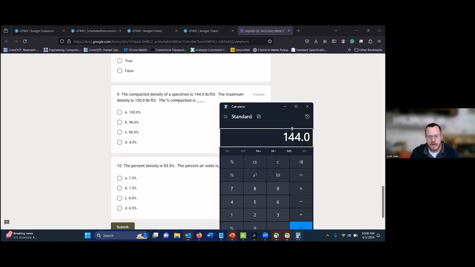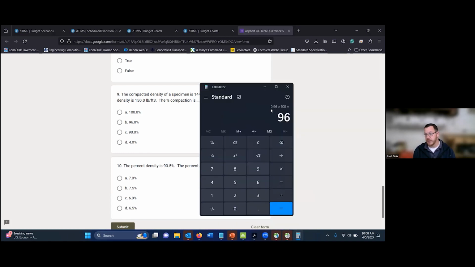And so in that case, you end up with a density of 96%. Right? 96% density, which also translates, by the way, to 4% air voids, because if you add your air voids to your percent density, you get 100. Okay, and that's always true.